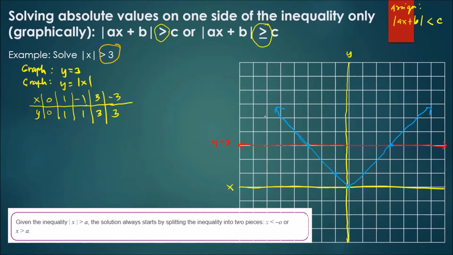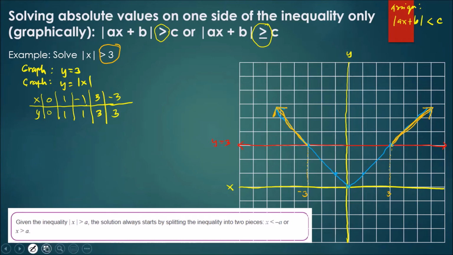So more than would be above this line. And what part of the graph that is? So this is that part of the graph. And this part. Okay. And we know that the x value here is negative 3. And the x value here is positive 3.